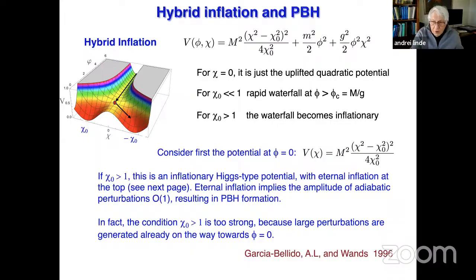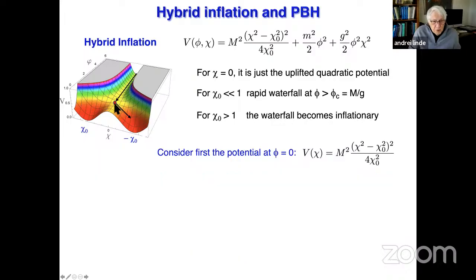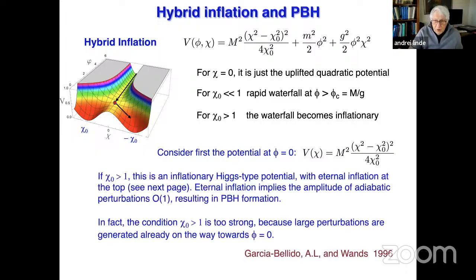But also a comment: even though we will see that eternal inflation in the Higgs potential exists only if chi 0 is greater than or of the order of 1, in hybrid inflation everything is trickier, because when I am coming to the critical point, at this time, in the beginning, the potential is not tachyonic, then it gradually becomes tachyonic, and it must become a real full Higgs mass only at the very end.